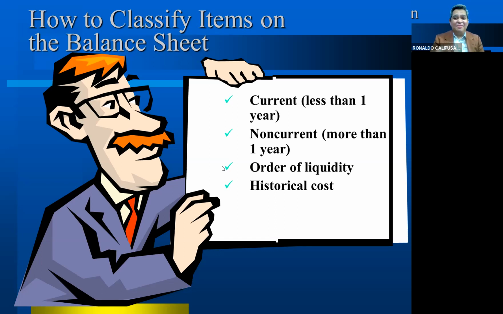So you want your inventory to be produced and sold, produced and sold, over and over. You want it gone, sold in less than 1 year, and then you produce again. So is inventory a current or non-current asset? Correct. It's a current asset.